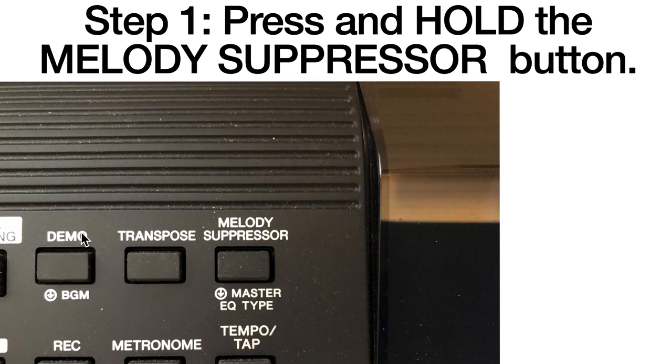And over here, if you tap it, it's the demo button, but if you hold it down, it's the BGM, the background music button. So 11 buttons on this keyboard have dual functions. Click it, and it's this. Press and hold it, and it's that.